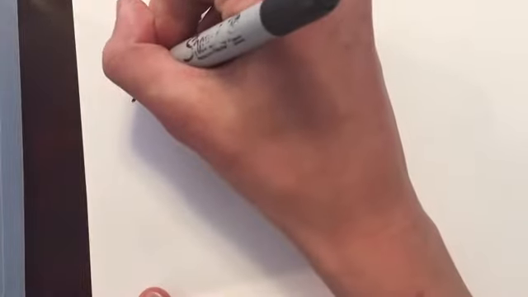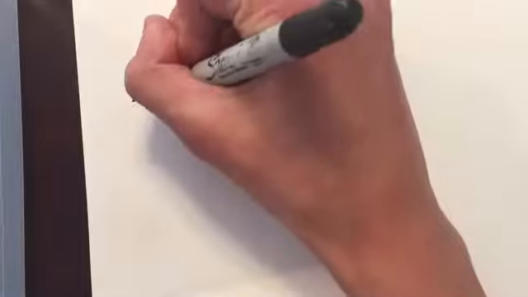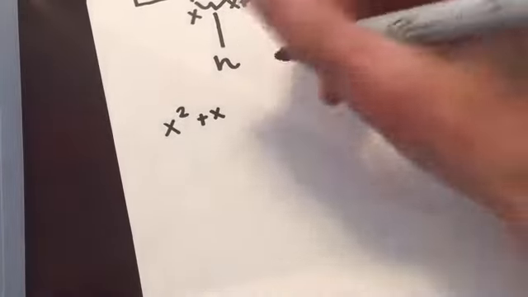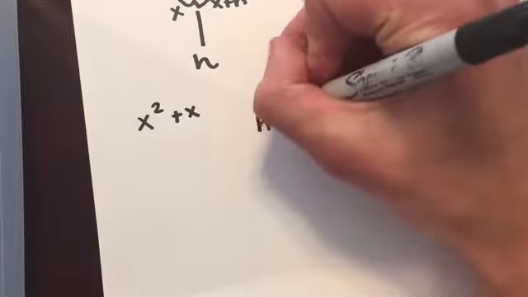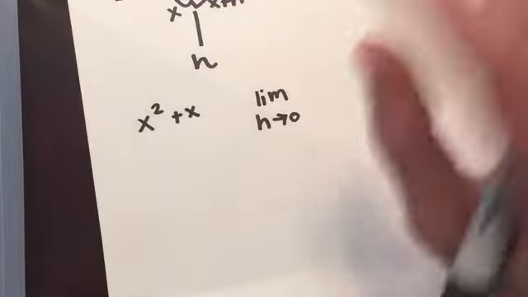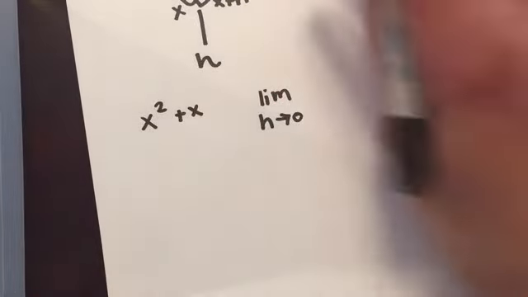We're going to do x squared plus x. So x squared plus x, we're going to plug into the limit equation. So the limit as h approaches 0, my bad, we're going to plug in x plus h for x.